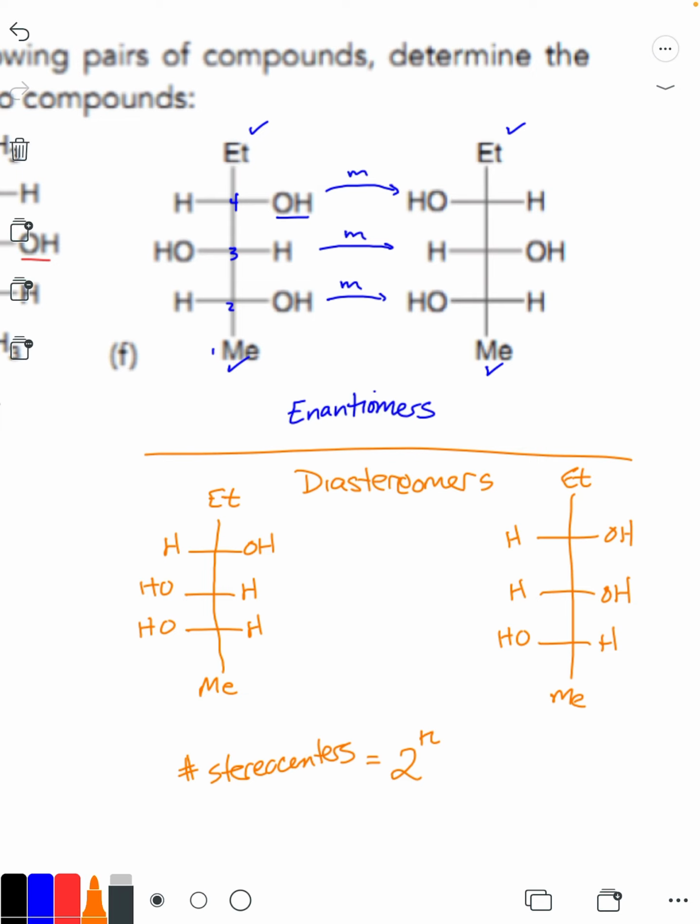And so for this particular molecule with 3 stereocenters, I would have 2 to the 3rd power, which is 8 possible stereoisomers.